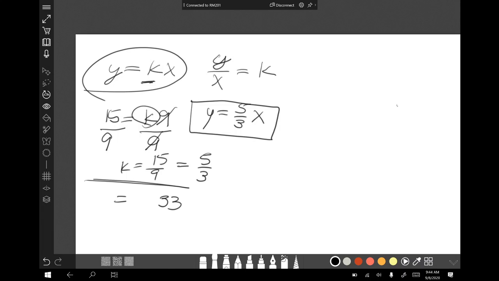So when I go to rewrite that, I will wonder what y is, but I'll know that k is 5/3, and that needs to multiply the new x to figure out what the new y is. Are you okay with what I just did there?